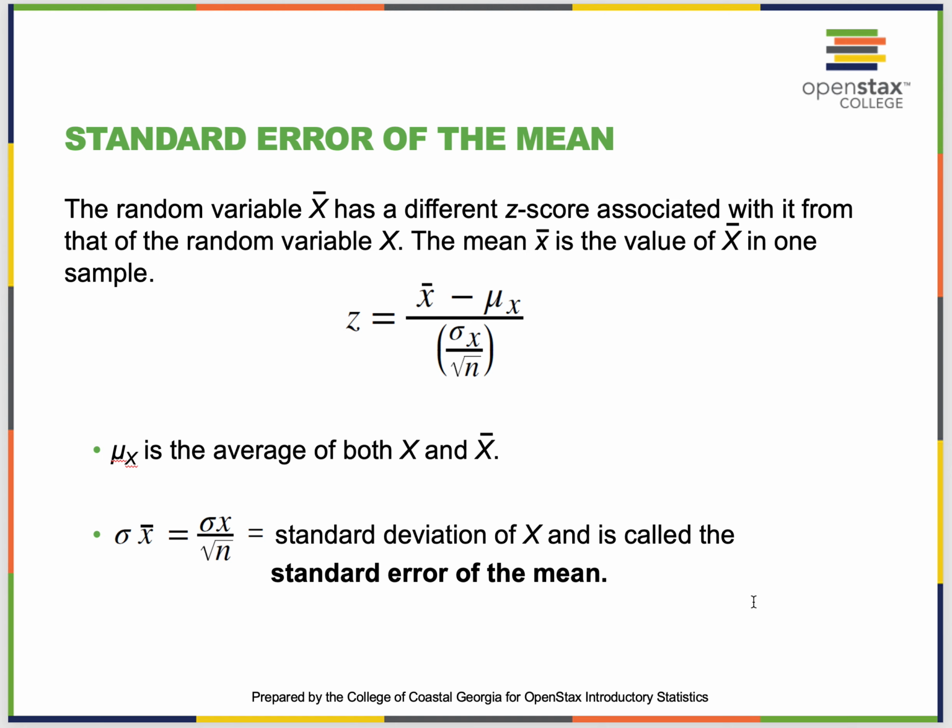Sigma sub x divided by the square root of n is called the standard error of the mean.